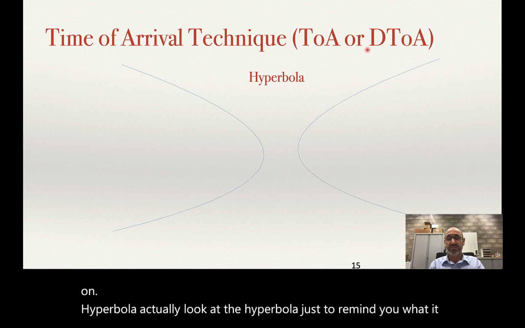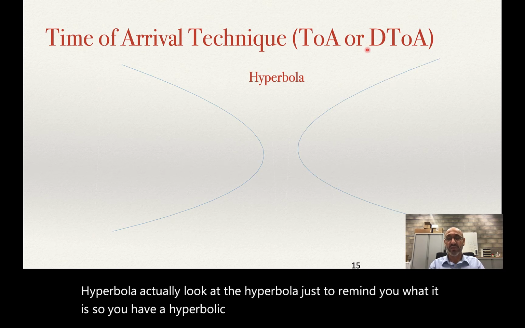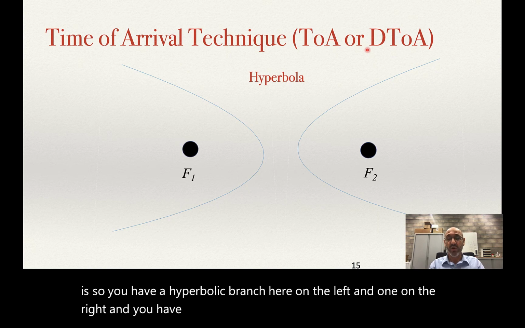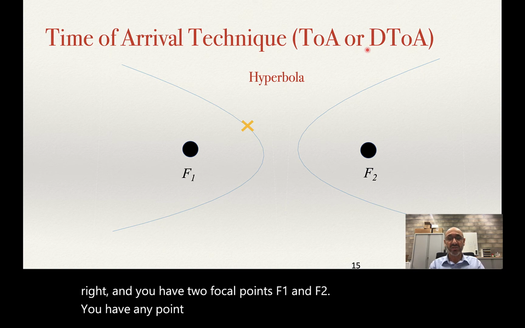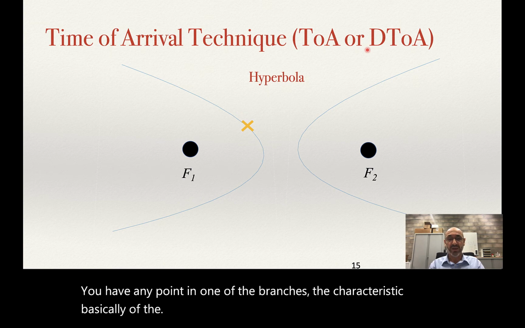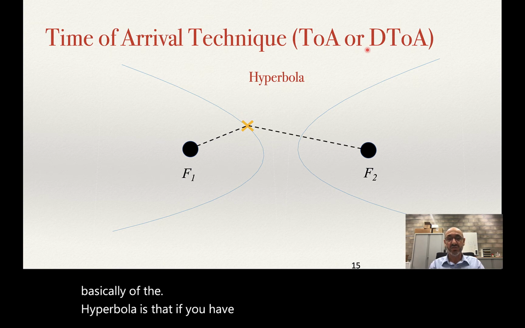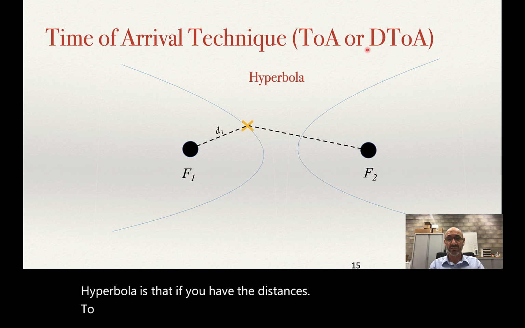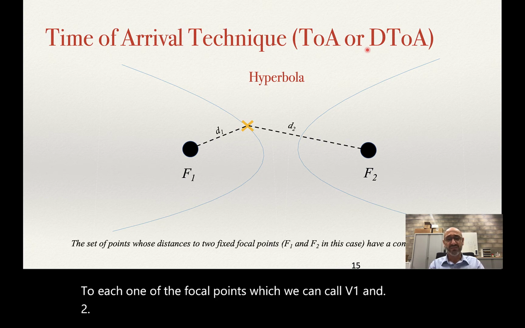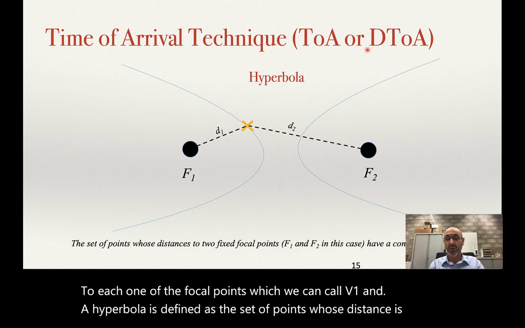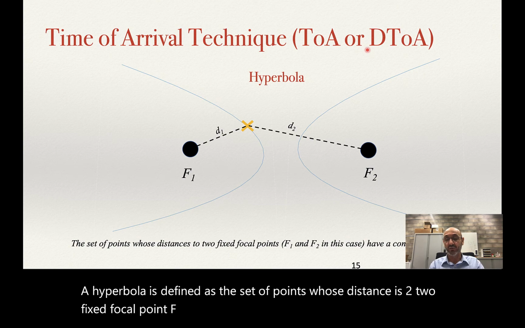So you have a hyperbolic branch here on the left and one on the right, and you have two focal points, F1 and F2. If you have any point on one of the branches, the characteristic of the hyperbola is that if you have the distances to each one of the focal points, which we can call D1 and D2, a hyperbola is defined as the set of points whose distances to two fixed focal points, F1 and F2 in this case, have a constant difference.